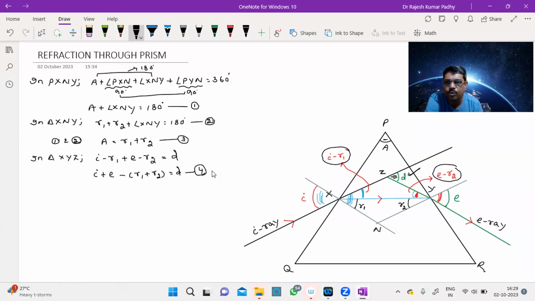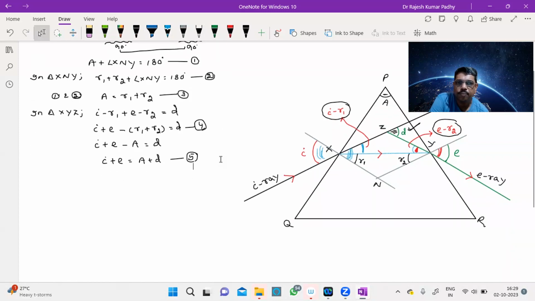But R1 plus R2 equals A. Hence, if I use equation 3 in equation 4, I can write I plus E minus A is equal to D, or I plus E is equal to A plus D. This is equation number 5. I think all are clear up to this.